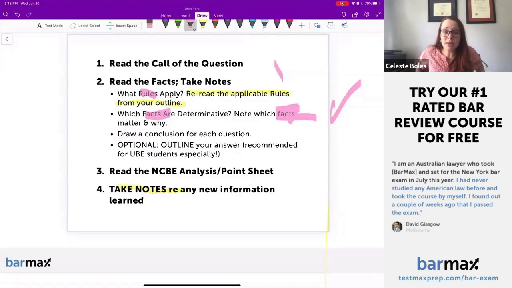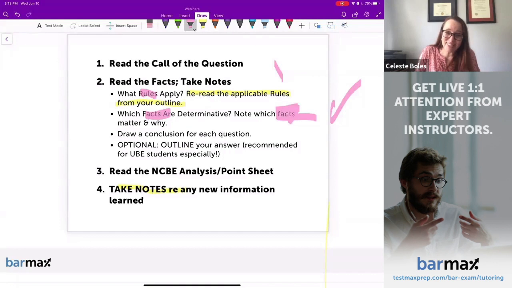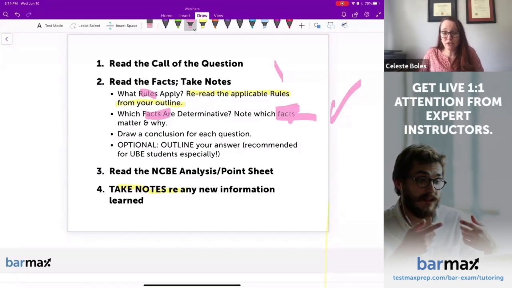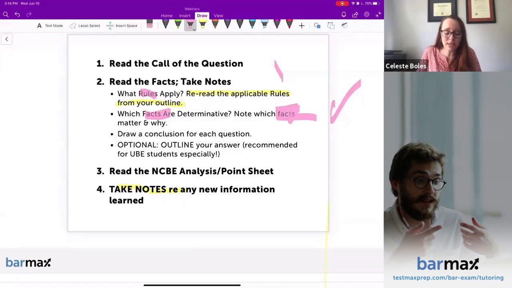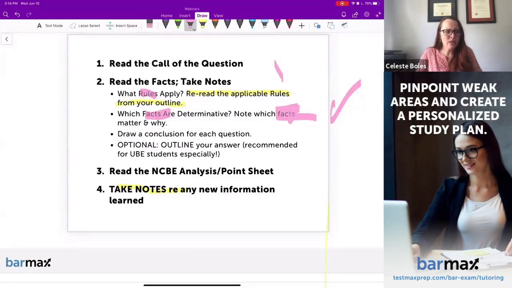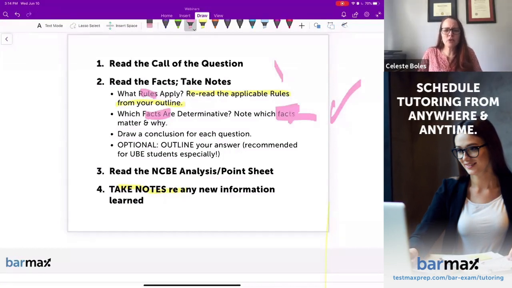For the UBE students, we have some New York and some Minnesota answers, because those are 2 of the states that have released answers since they've had the UBE. And so we have answers from about 2013 to the present, so you can see how another student answered.